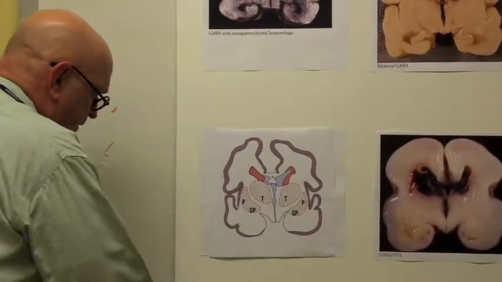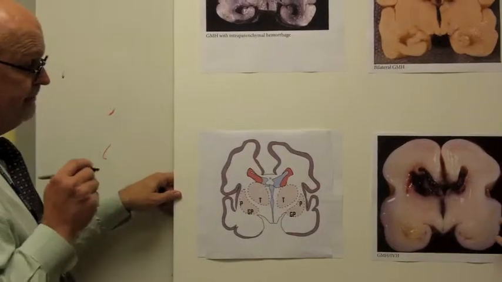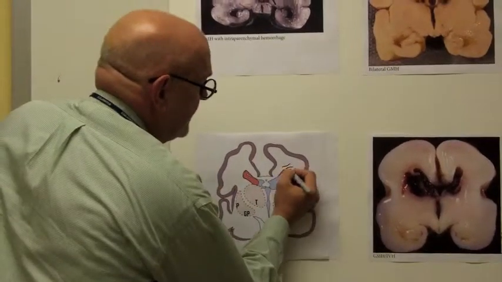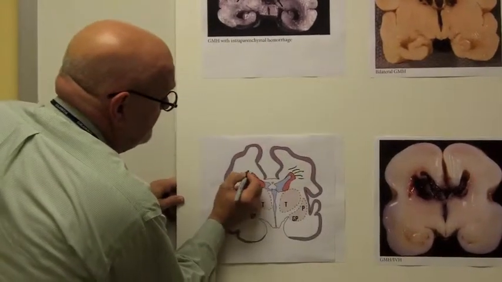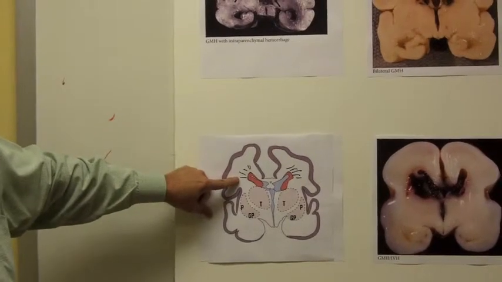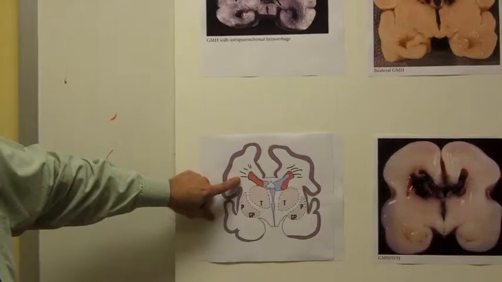And then the other type in this more severe form is what we call paraventricular lesions, which are out in this area here. And these kind of lesions can be either infarcts, like a stroke, or they can be hemorrhages.